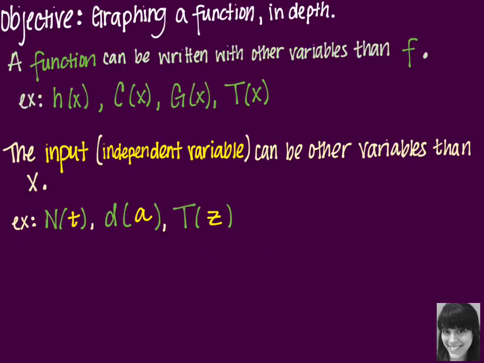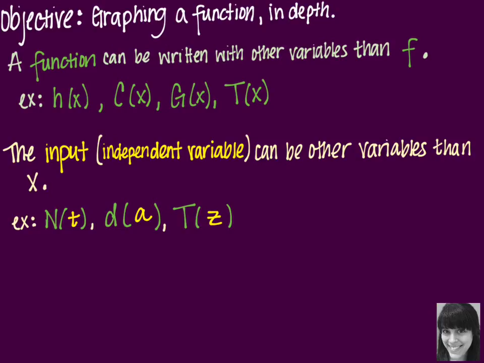Now, a function can be written with other variables other than f. You can say h of x, c of x, g of x, t of x, and so on and so forth. It doesn't matter what the function is called. It can be any letter.